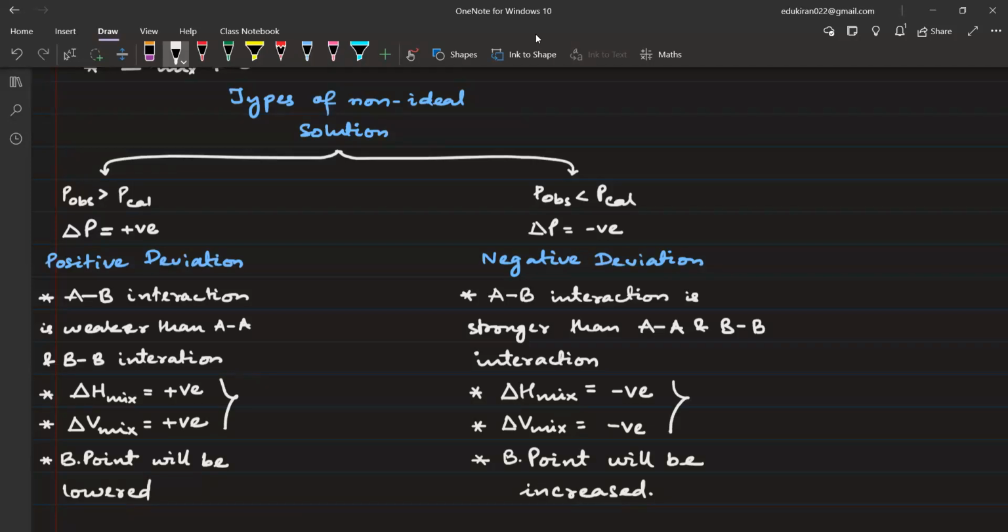It's very easy to remember, right? Positive deviation: delta P is positive, delta H mix is positive, delta V mix is positive. For negative deviation, delta P is negative, delta H mix is negative, delta V mix is negative.